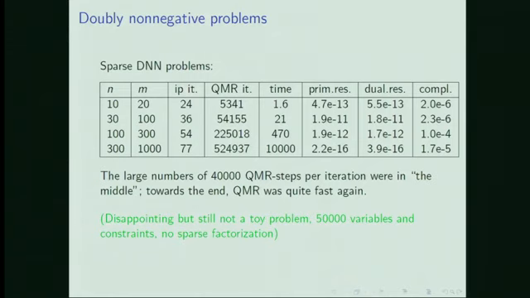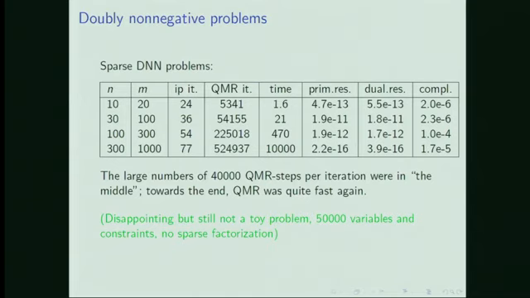When we look, there were several iterations where the number of QMR iterations was huge. We stopped after 40,000. If we stop after 10,000, the whole thing diverges. It doesn't work. In the middle we really need many QMR iterations. In the end, the QMR was fast again. So here is where we really had to recognize the limits of this approach.